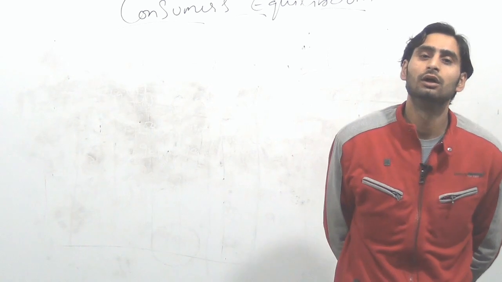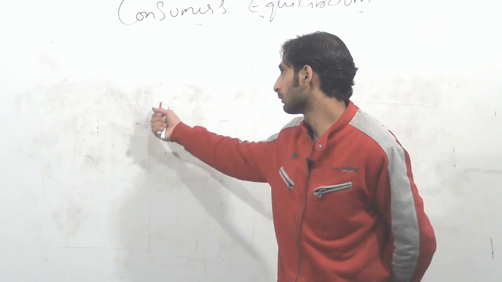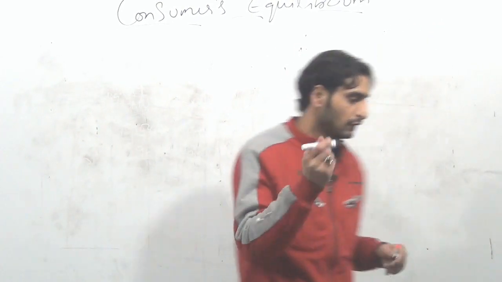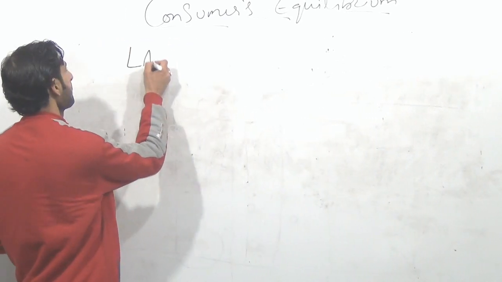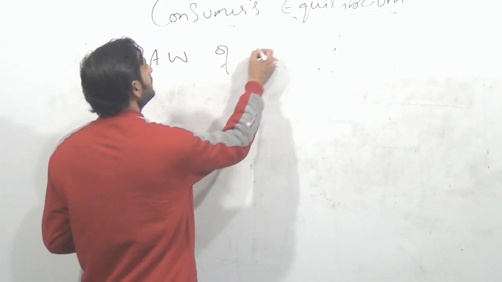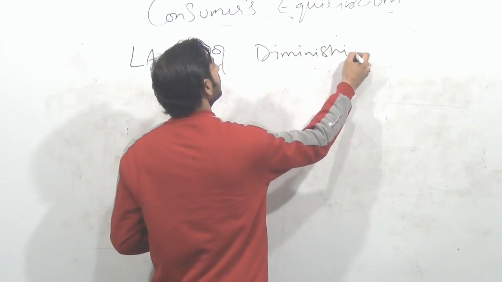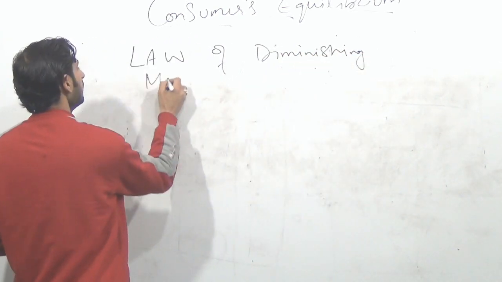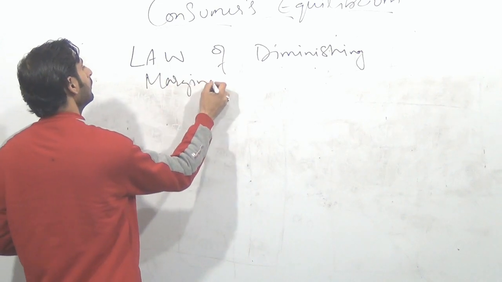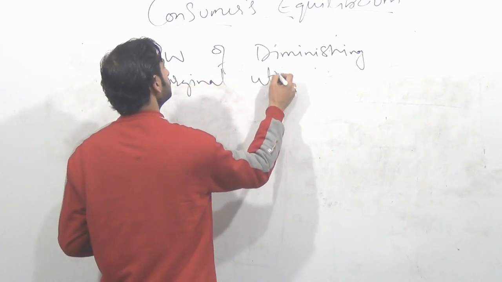Alfred Marshall put forth this law of diminishing marginal utility.